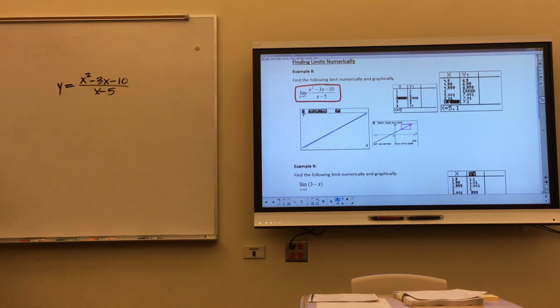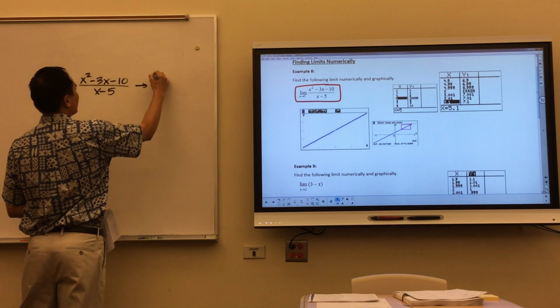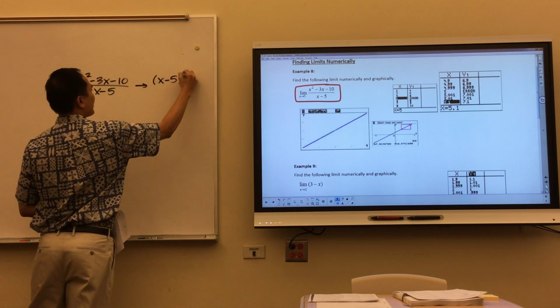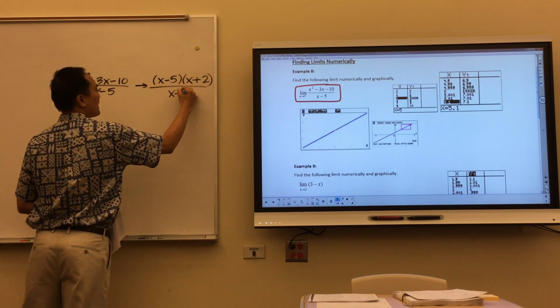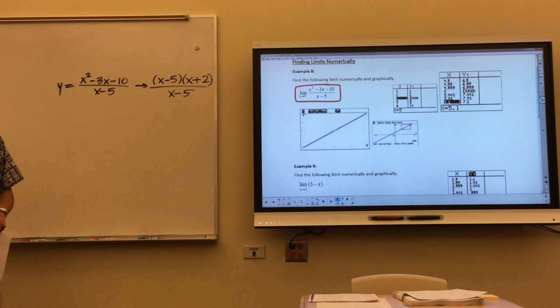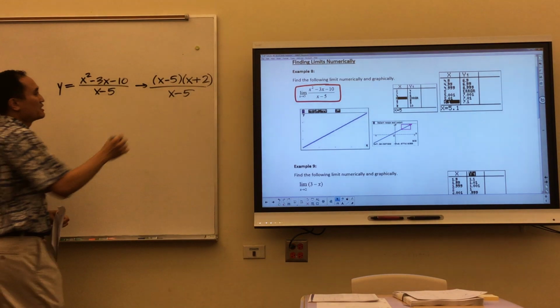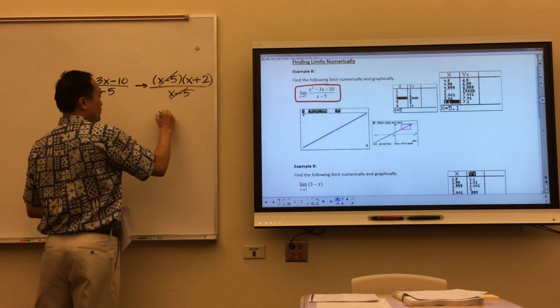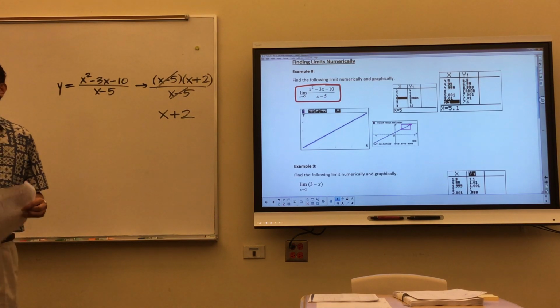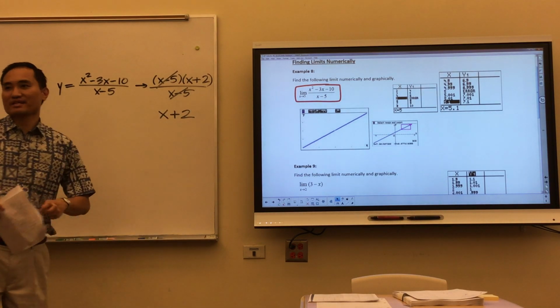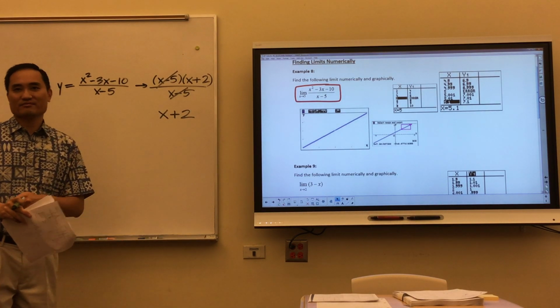I can factor the numerator, which becomes x minus 5, x plus 2, all over x minus 5. And what we normally would want to do is cancel this and end up with x plus 2, correct? Correct. But there is one instance where you're not allowed to cancel x minus 5: at 5.